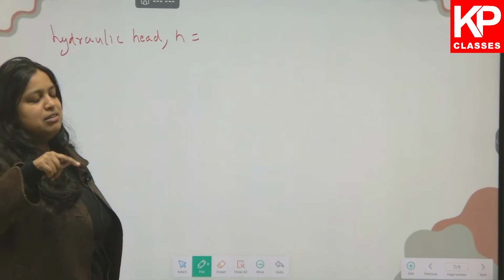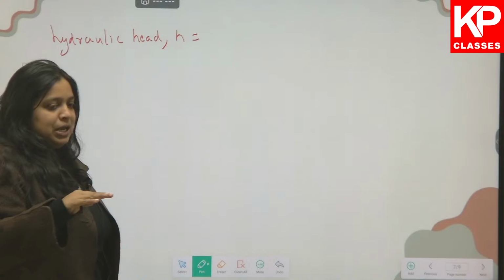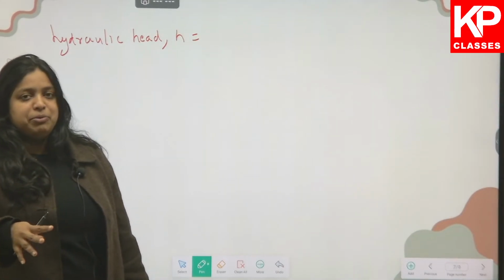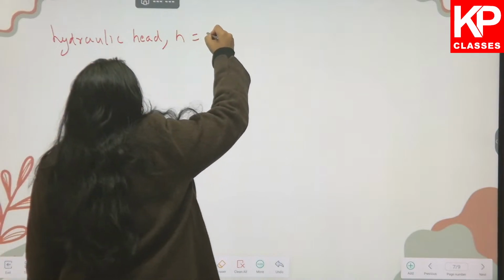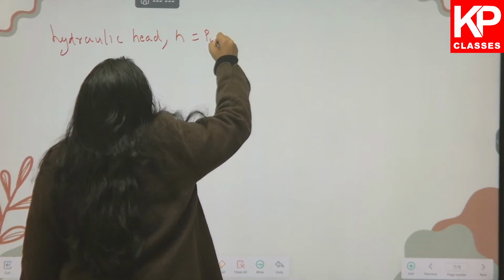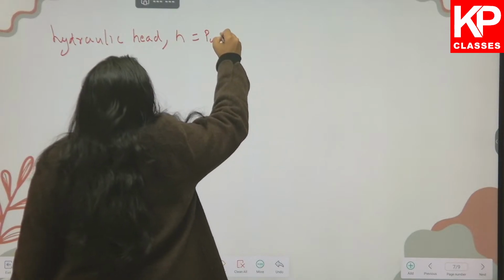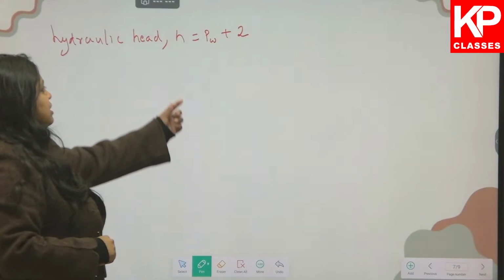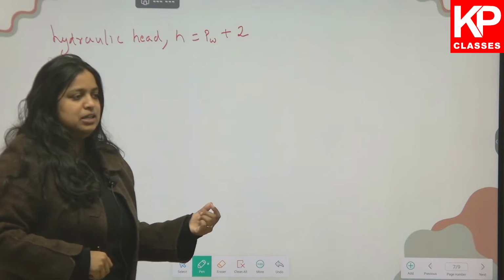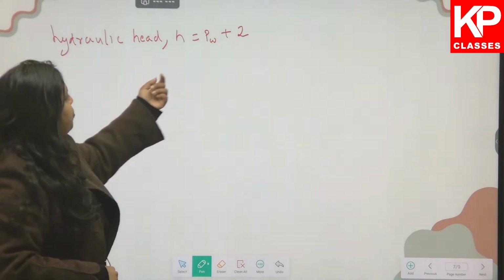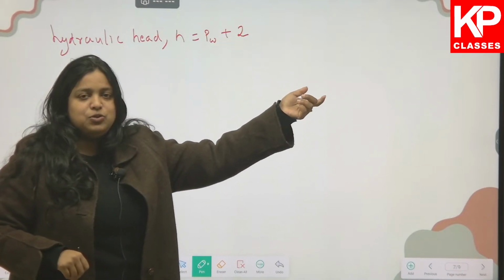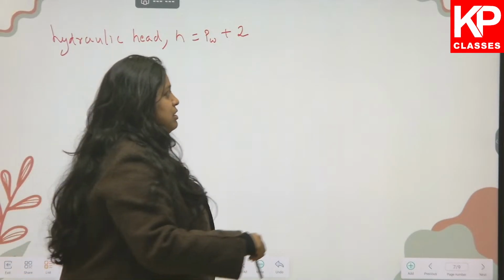Elevation head is defined by the height of the well, or the point which we consider, from the datum. If I consider Pw as the water column height plus the elevation at that point, termed Z, this defines the hydraulic head. So hydraulic head depends upon both pore water pressure and the elevation at which the well is situated.